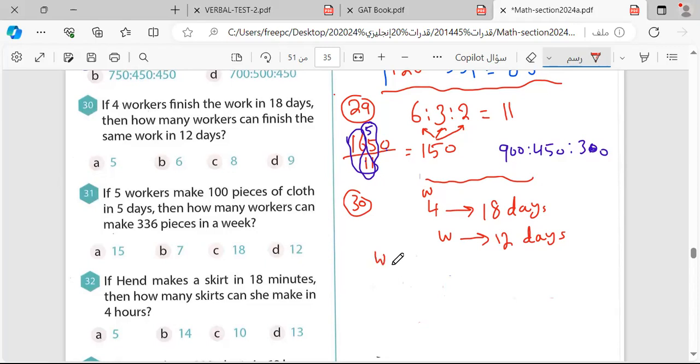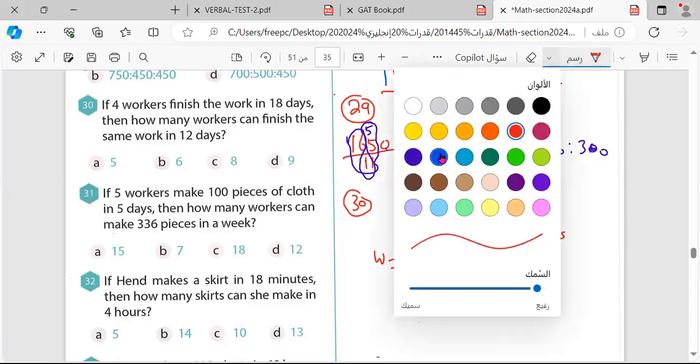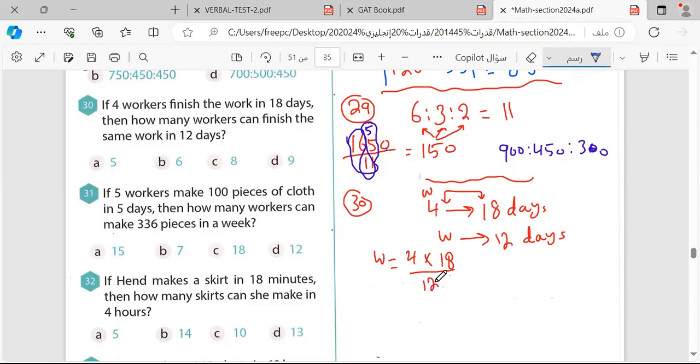So for workers you multiply like this: 4 times 18 divided by 12. Then you can simplify. Divided by 4 is 1, divided by 3. 18 divided by 3 equals what? 6. So the answer is 6.